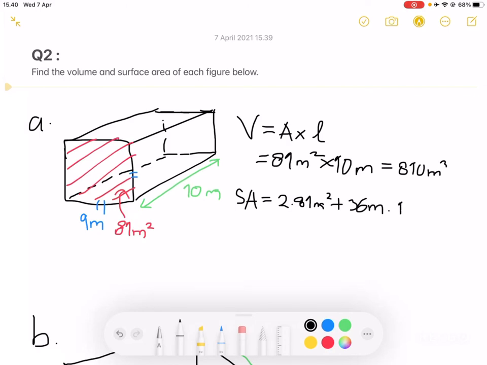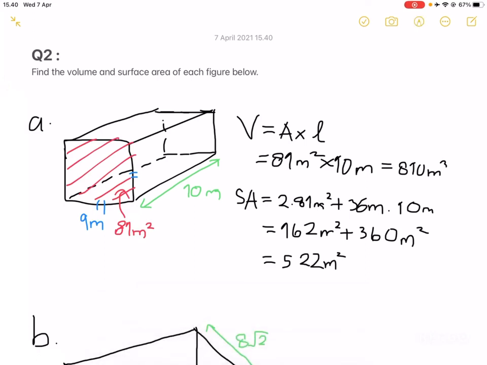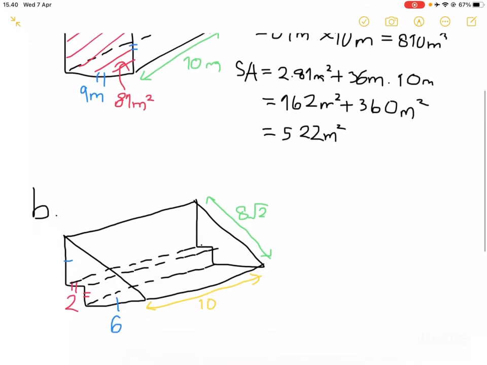And after that, multiplied by 10 meters. So this will give us 162 meters squared plus 360 meters squared, and that will give us 522 meters squared. And that's our answer for our surface area.